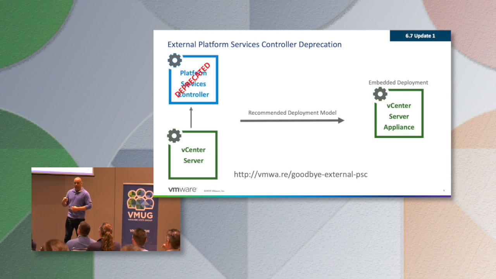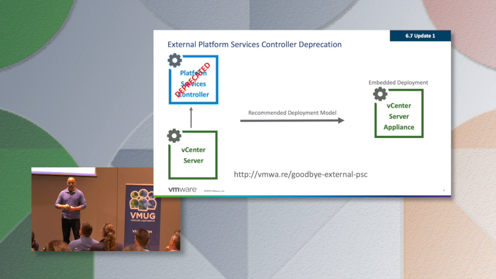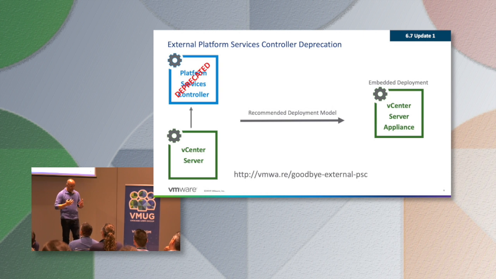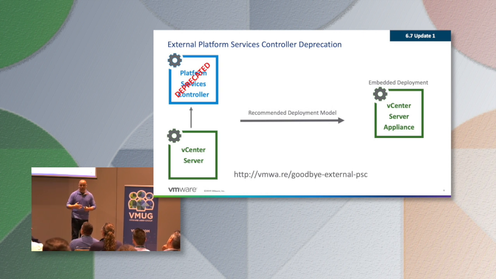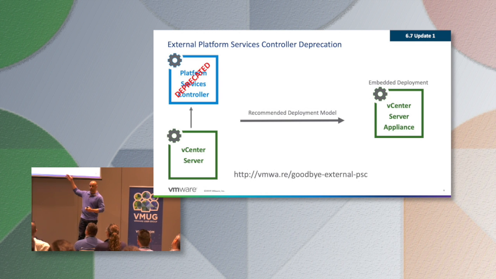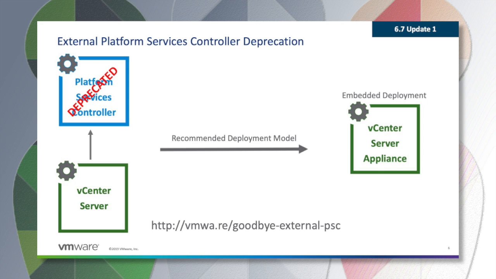We also announced last year during VMworld Barcelona deprecation of using the external PSC. Now, when talking to our customers, we know that having multiple nodes, so these are two separate components, even though the PSC is just a vCenter server service, right? It's just running on a separate server or appliance, but it's still part of vCenter.